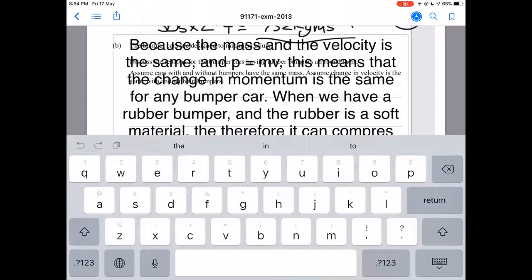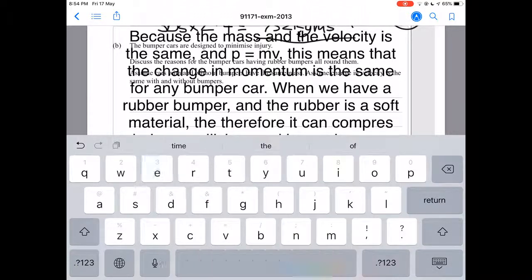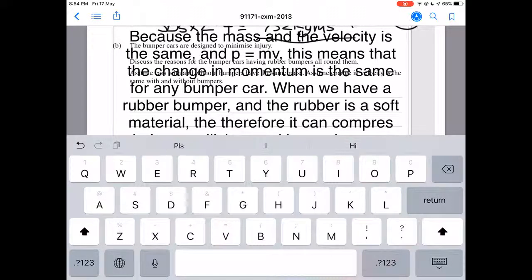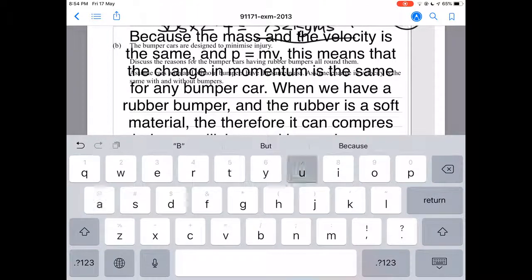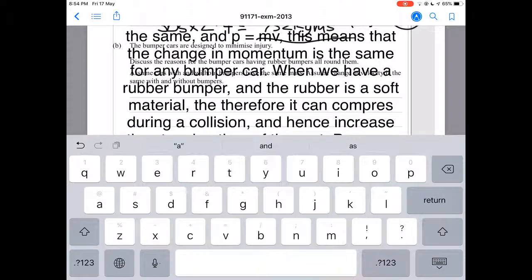And this hence increases the stopping time of the car, because change in p equals F times change in time, and the change in time has increased.